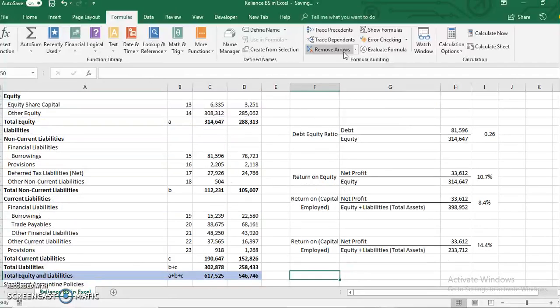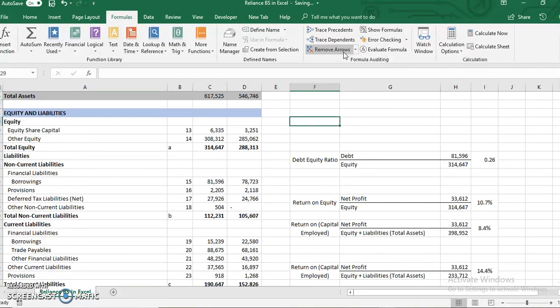Now we go into the liability side part, where we have a few ratios, starting with the debt equity ratio. In this case, the debt is about 26% of equity. Here we calculate debt divided by equity, which is pretty low.